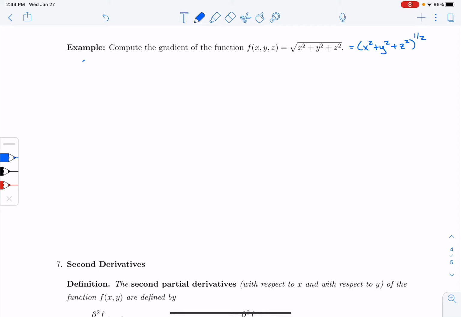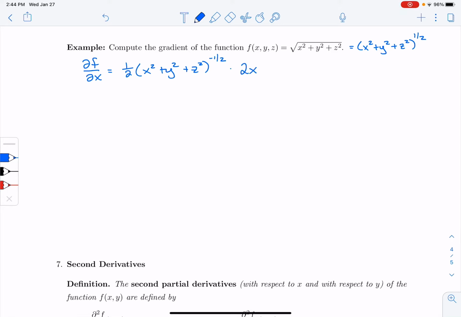So what is df dx? Well, df dx in this case is going to be 1/2 times x squared plus y squared plus z squared to the negative 1/2 power. And then I need to take the derivative of the inside. The derivative of x squared with respect to x is going to be 2x.